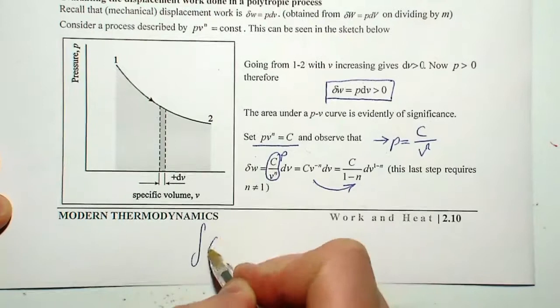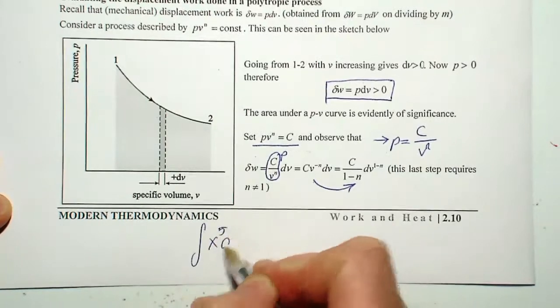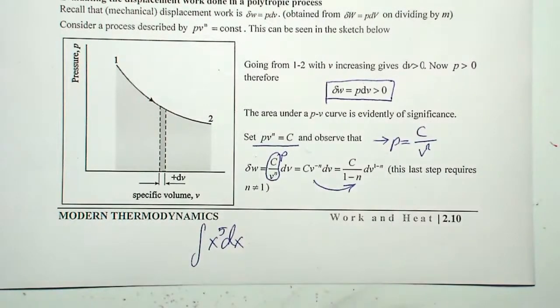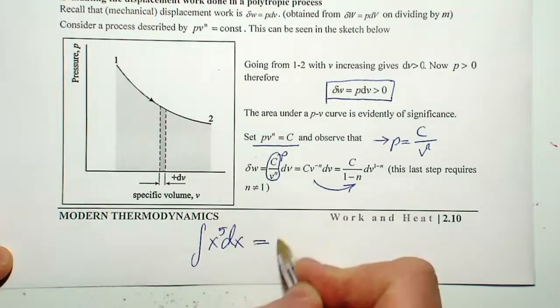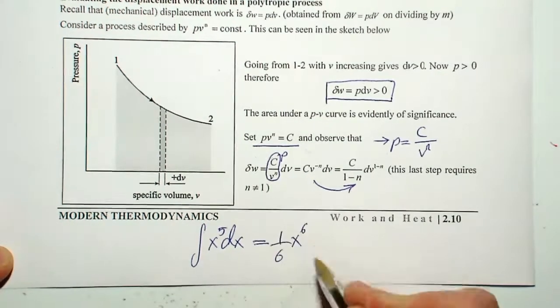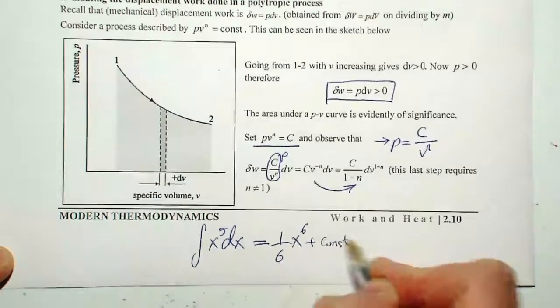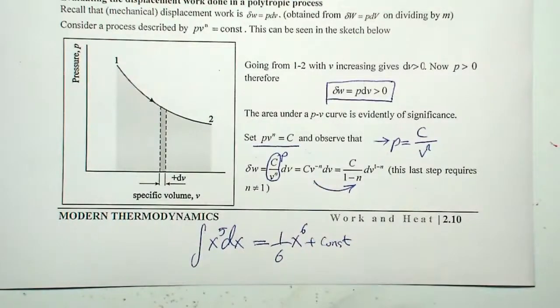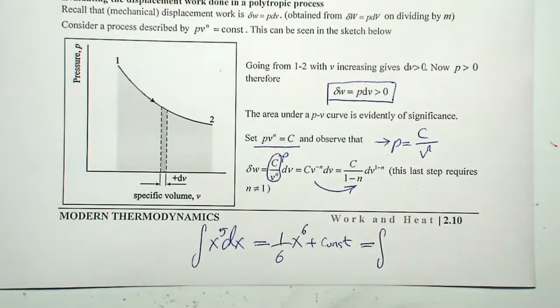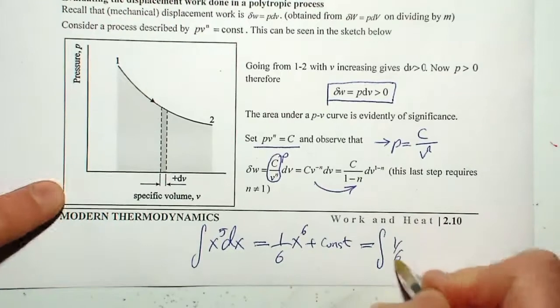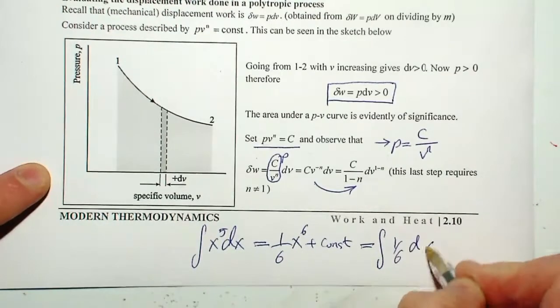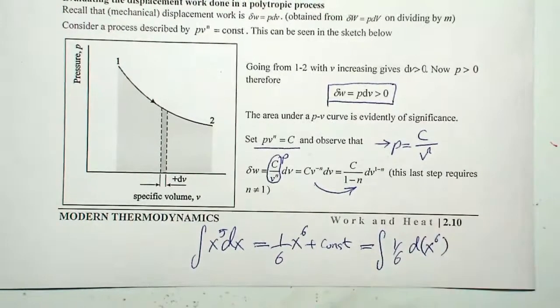If you struggle to understand how that is done, that's just very basic mathematics. But think about, for example, a generic equation, the integral of x to the power of 5, and you want to integrate this with respect to x. That's naturally 1 over 6 x to the power of 6 plus a constant. Also, that is equal to the integral of 1 over 6 d(x to the power of 6).